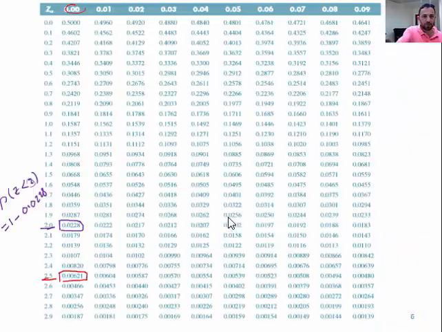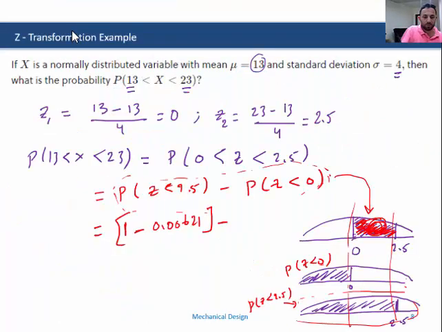The probability of 0 is 0.5, and the value is equal to 0.4938. So I hope now it's very clear how to use the z transformation table or z score table.